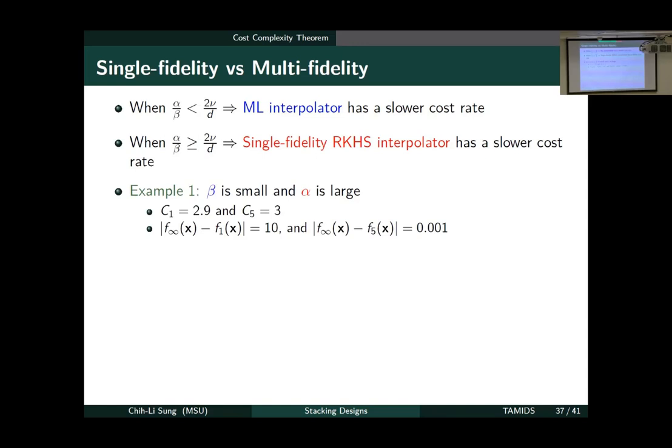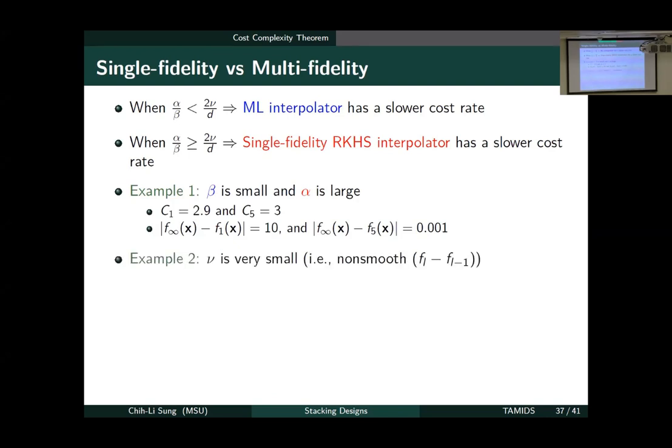But if you look at the simulation error, one is 10 and one is 0.001. So in this case, there's no point to use multi-fidelity simulations. I can just run this F5 for as many samples as possible, because the costs are almost equivalent. Right, so I think that makes perfect sense.